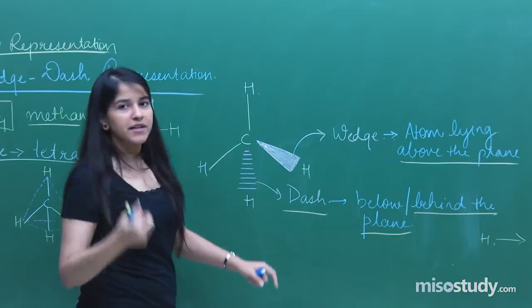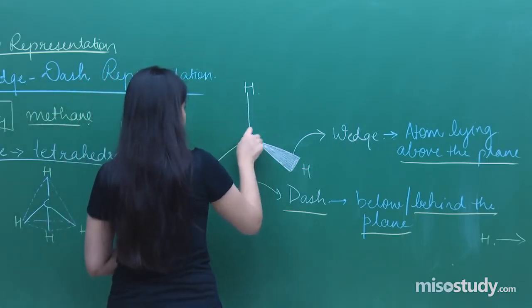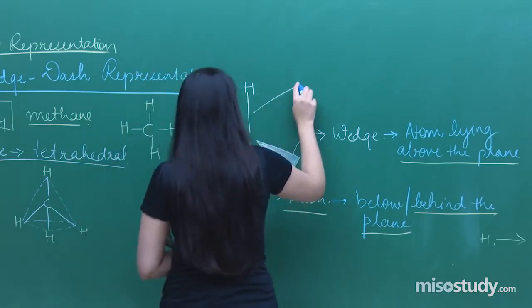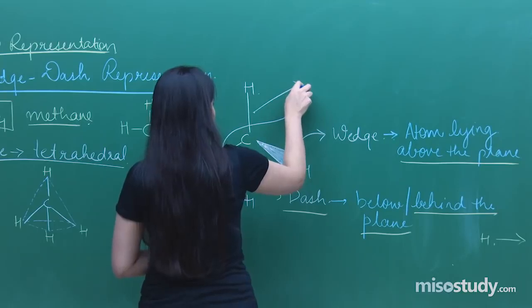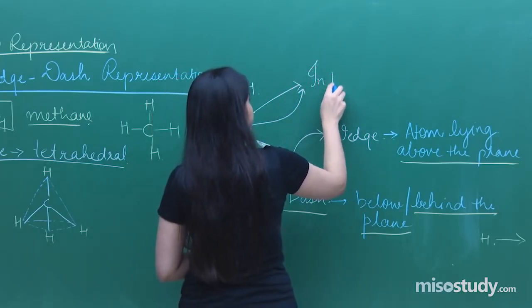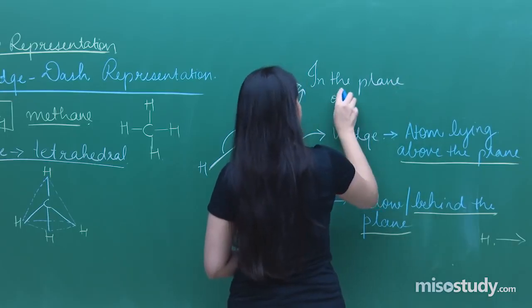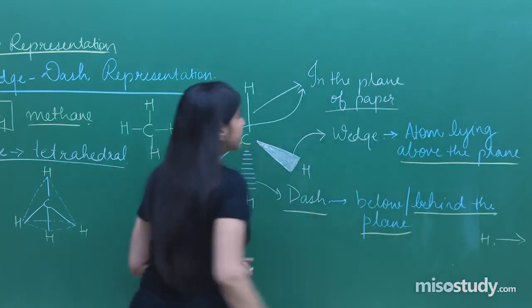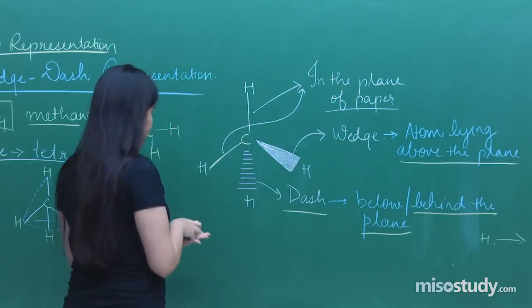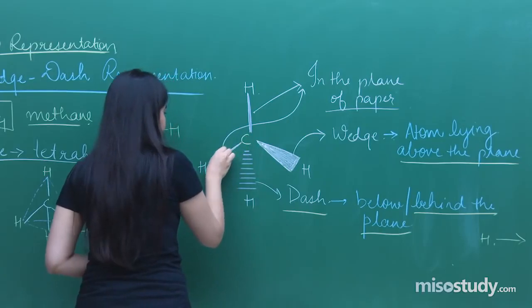I hope everybody has got it. These two bonds over here, this one and this one, are always in the plane of paper. Let me highlight these.